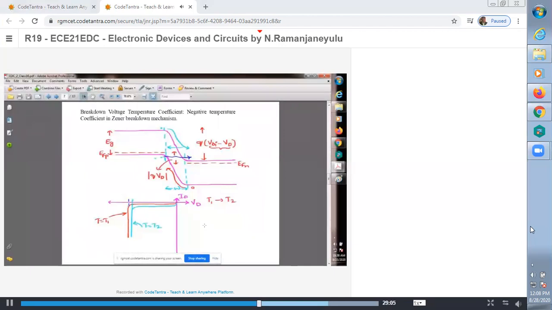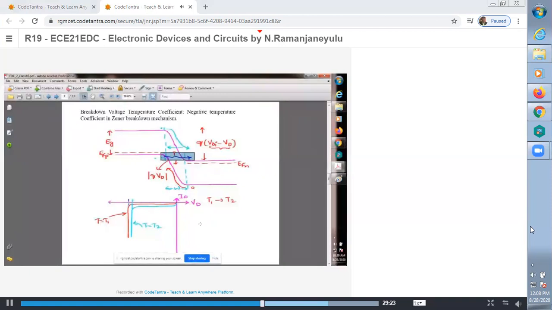Now coming to another important characteristic, the breakdown voltage temperature coefficient. Already we know that due to the narrow barrier width, the electron, observe the blue electron, directly moves from the P side valence band to the N side conduction band.